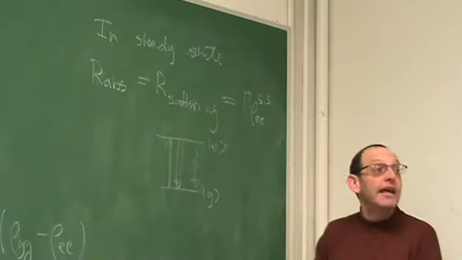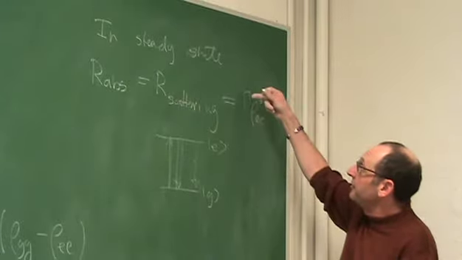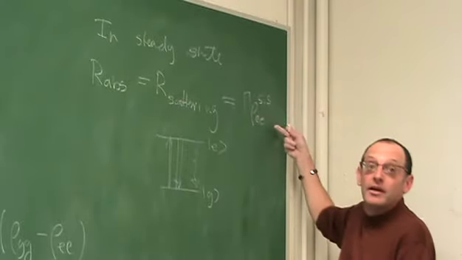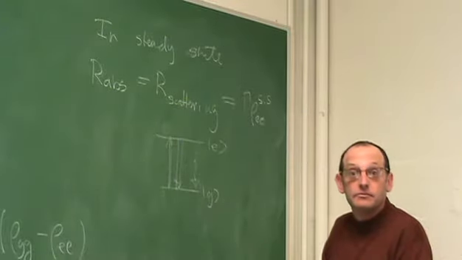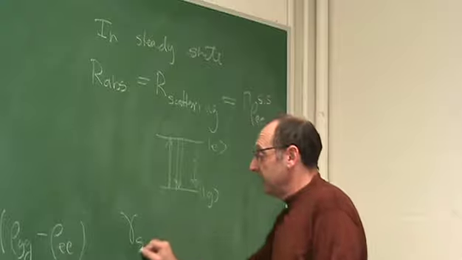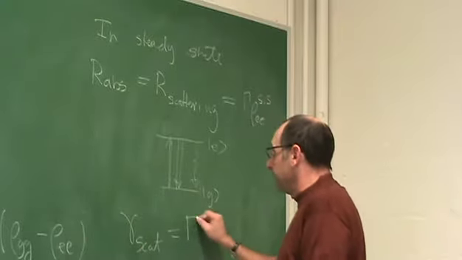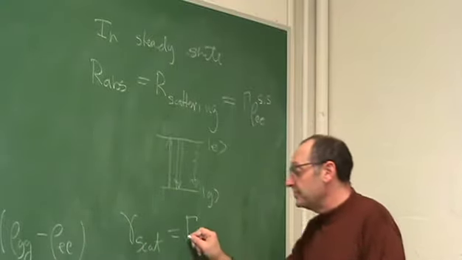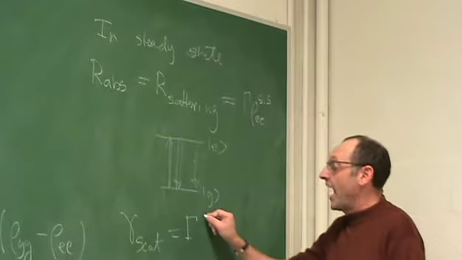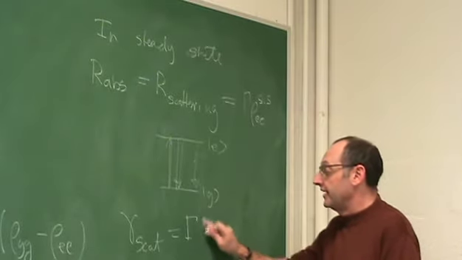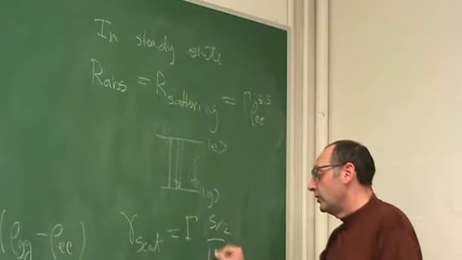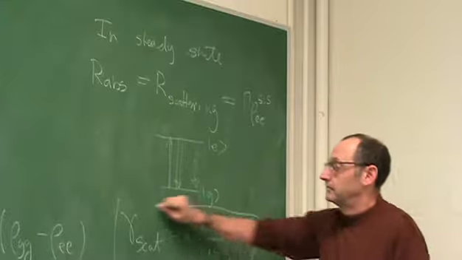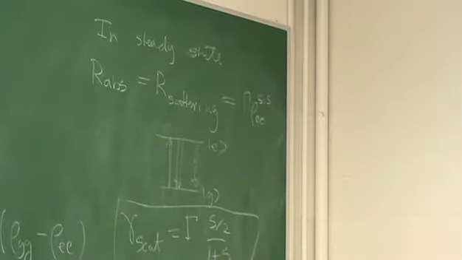The rate at which spontaneous emission happens is 1 over the lifetime times the fraction of the population that's up there. And thus, the scattering rate is equal to the spontaneous emission rate times the fraction of the population in the excited state. And the fraction of the population that's in the excited state is s over 2, 1 plus s. Does that make sense?